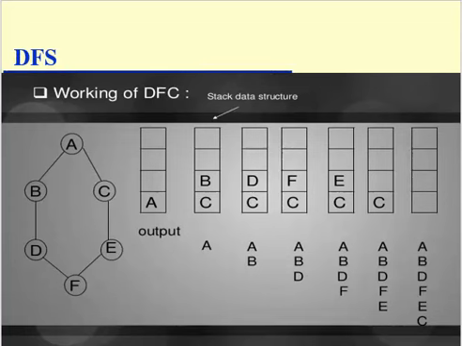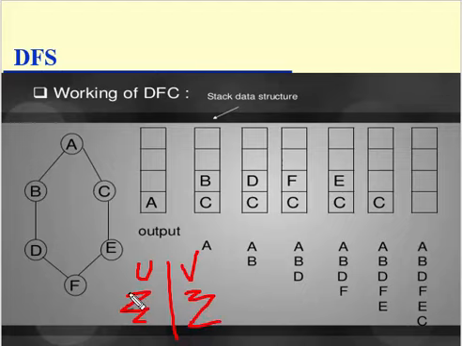Suppose I am taking this one, if I am able to divide this graph into two parts in such a way that all the nodes in one part, they may be connected. Suppose there are two parts, U and V. Suppose you are putting some nodes over here and some nodes over here. There may be an edge from U to V or from V to U, but there can't be any edge between the nodes of this part or between the nodes of this part.